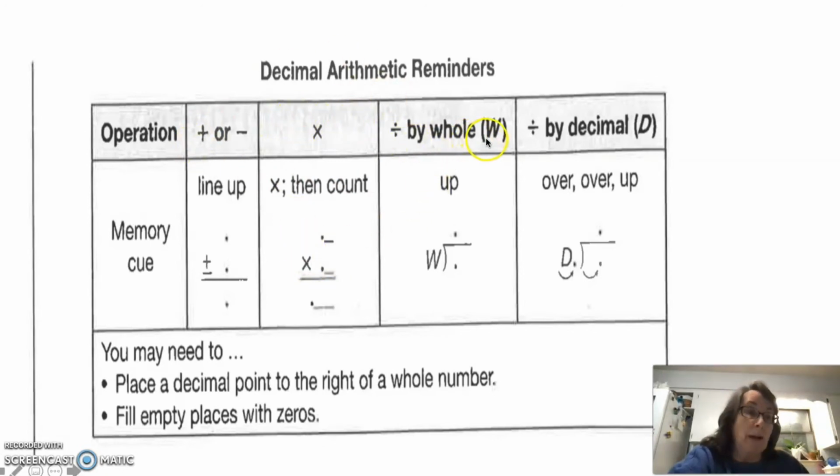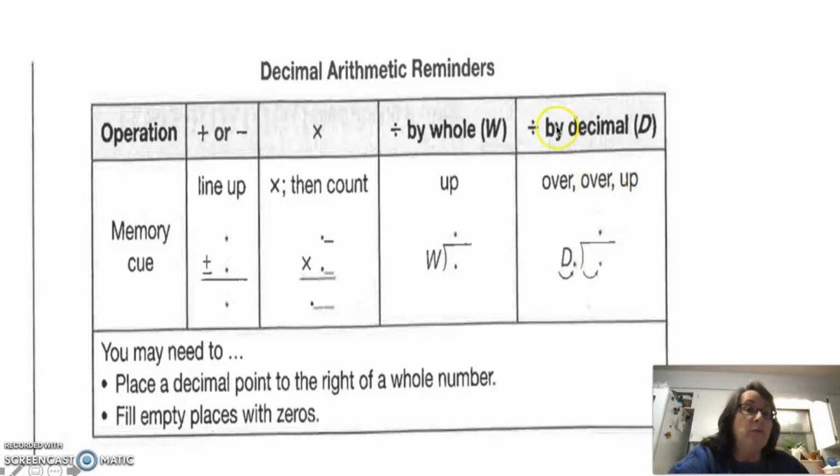If we're dividing by a whole number, we're going to put the decimal right above where it is in the number under the box. Okay, remember that's called the dividend. And this one up here is the quotient. So the quotient decimal would be in the same spot as the dividend decimal.